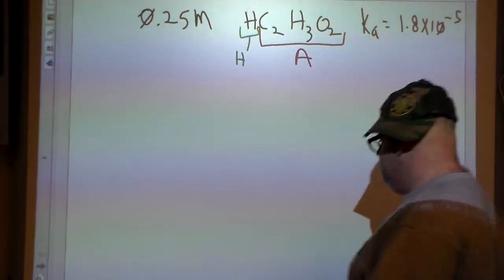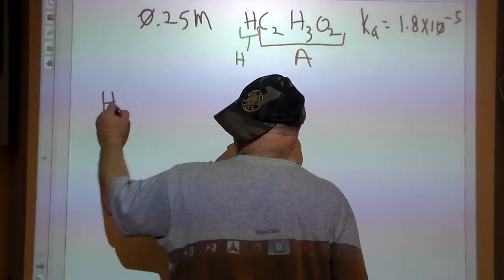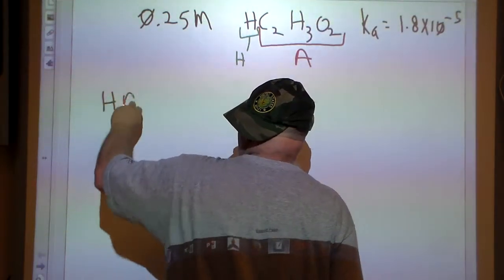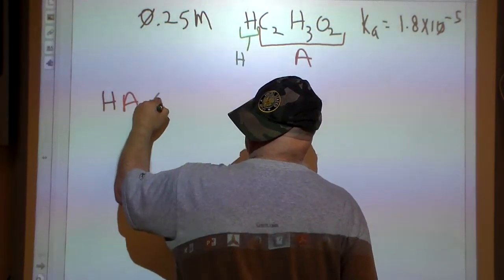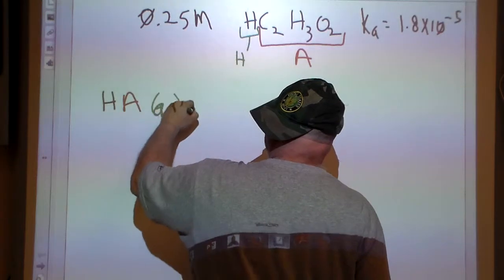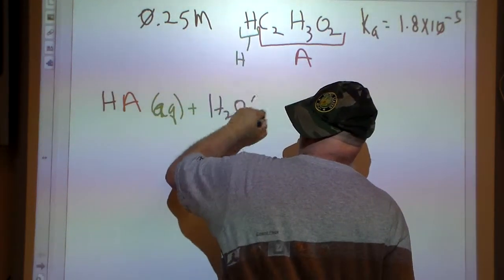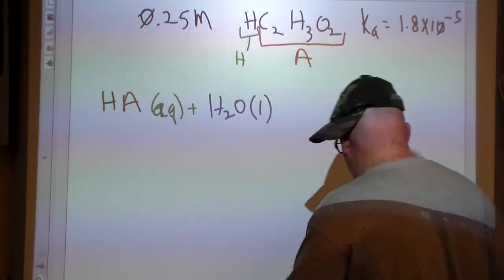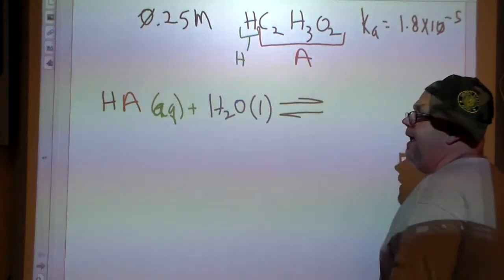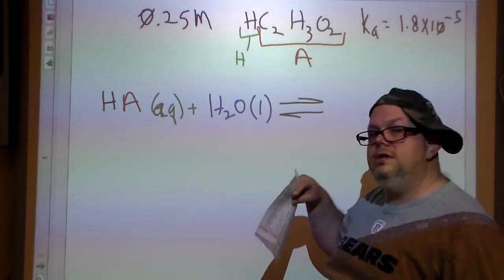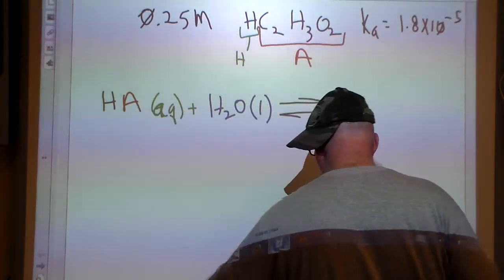So we're going to have our HA in aqueous solution, plus H2O, and we're assuming it's a liquid. We're also assuming it's going to go back and forth, that it's going to dissociate and reassociate.